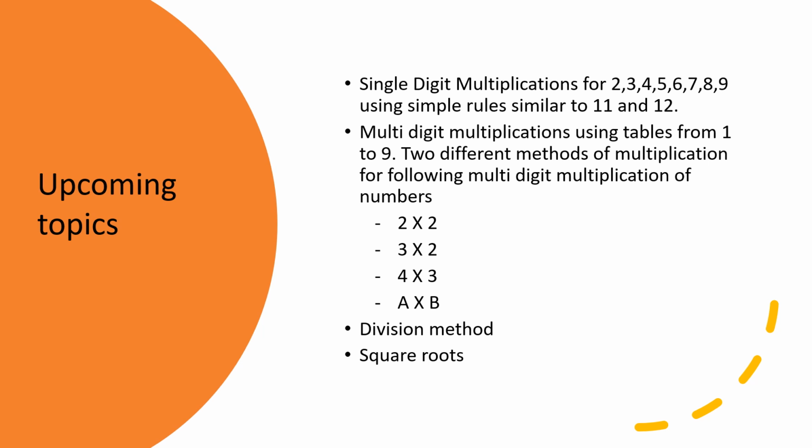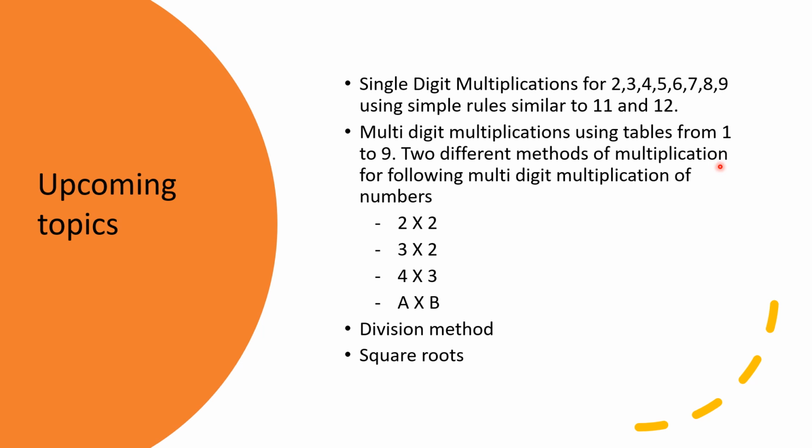You have now understood how to apply the rule, and in this video I have considered very simple examples of 11 and 12, where the rules are simple: add the neighbor, and for 12 it is double the number and add the neighbor. Similarly we will have rules for each of these numbers, basically for the numbers 4, 5, 6, 7, 8, 9 and 3, and you apply a simple rule for each of these multiplications.